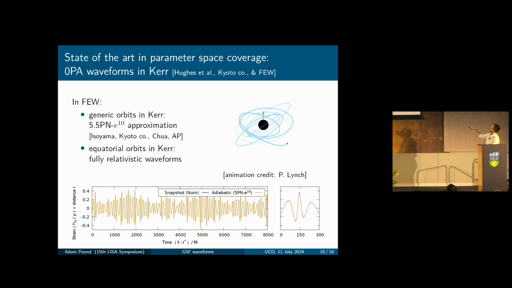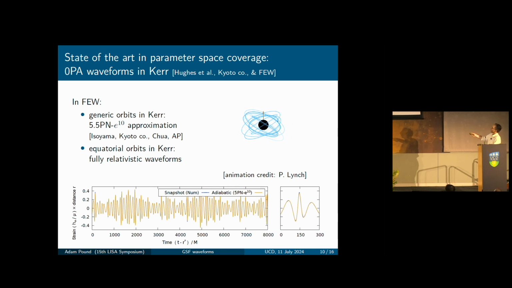So when I say generic orbits in Kerr, these are inclined, eccentric orbits that are evolving inward and eventually plunging into the spinning black hole. So implemented in the Few software package, we do have generic orbits in Kerr, but in a weak field, small eccentricity expansion. So in post-Newtonian counting, we have 5.5 PN, and in powers of eccentricity, up to e to the 10. So this covers a big chunk of parameter space, but not everything.